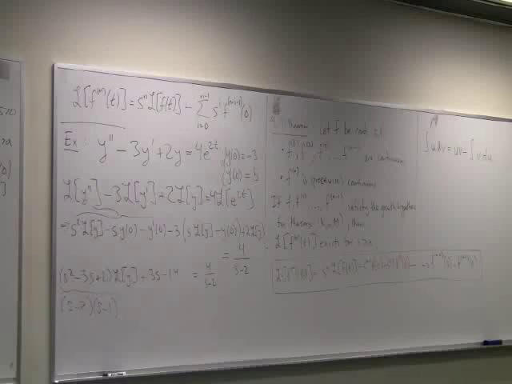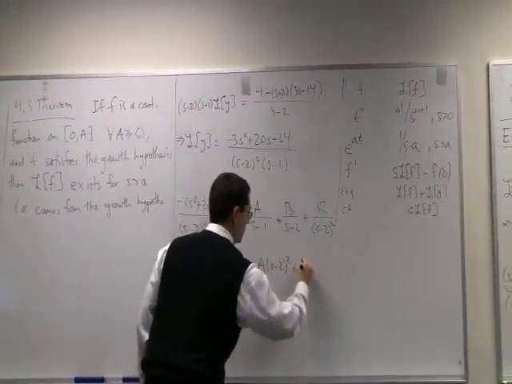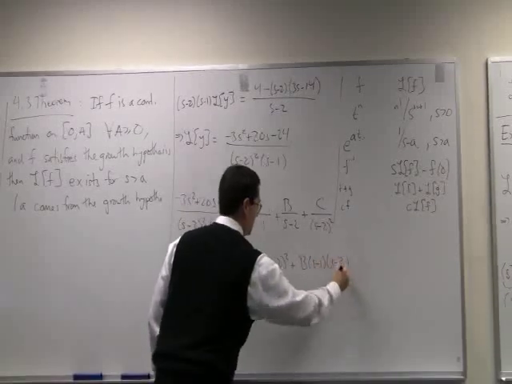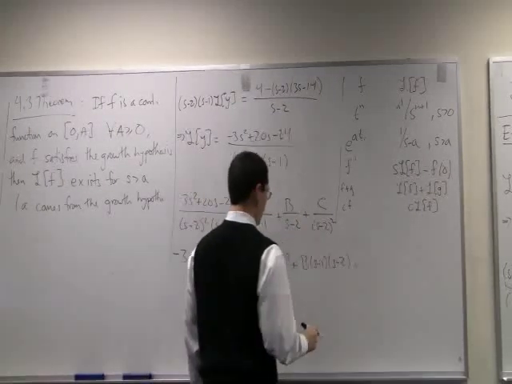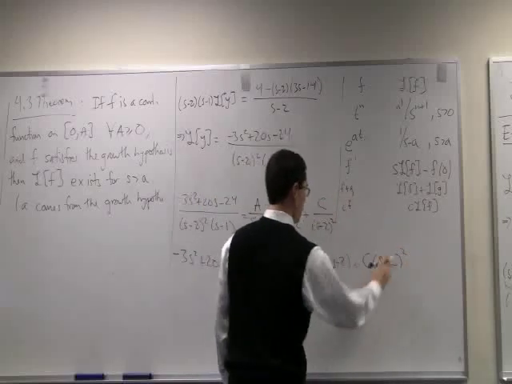If you want to know what this A is, it's really quite nice, because all you have to do is see what happens when s is 2. Let me write it a different way and you'll see what I mean. If you multiply both sides by this denominator, we'll get A times s minus 2 squared plus B times s minus 1, s minus 2. Actually, I said s is 2, I mean s is 1. Oops.